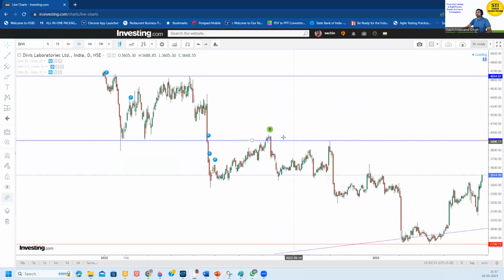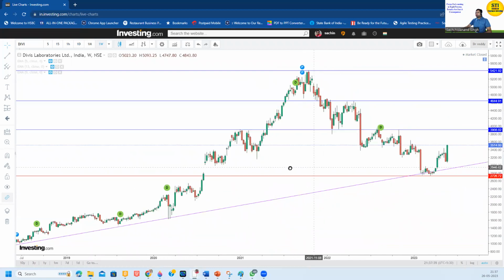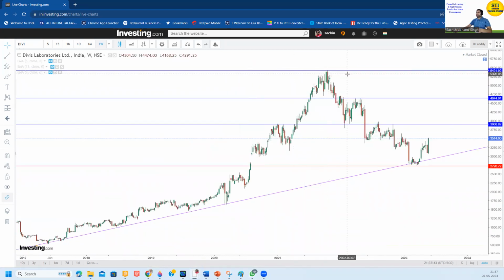What it means is, suppose this is Dr. Reddy's. If I select the weekly time frame, this is an all-time high. That means the stock went up to this price point, and then there are some lines which are not visible.